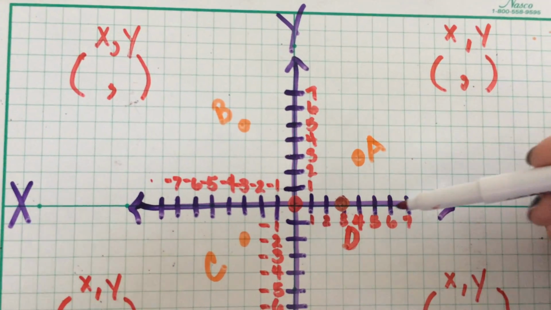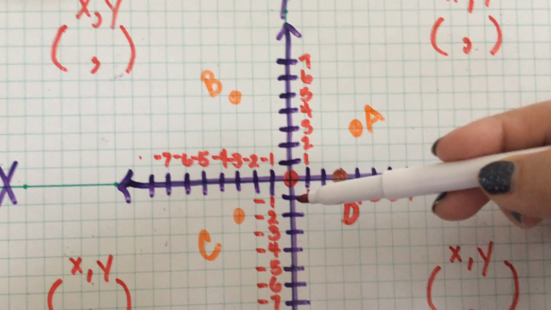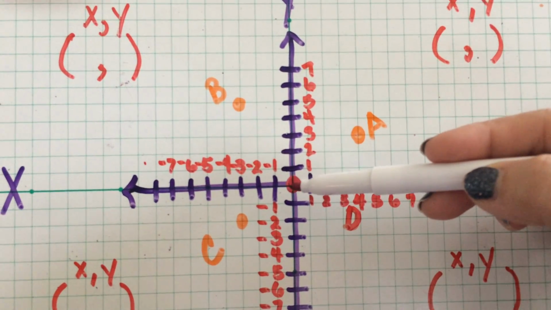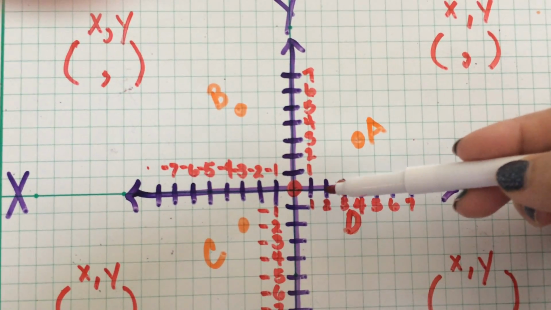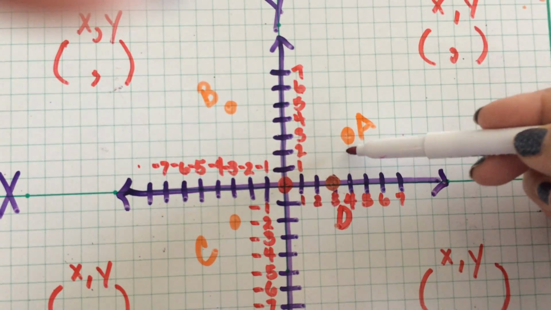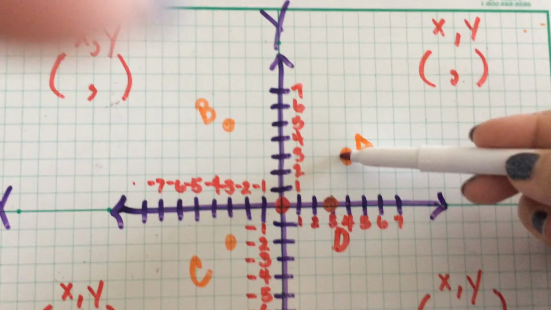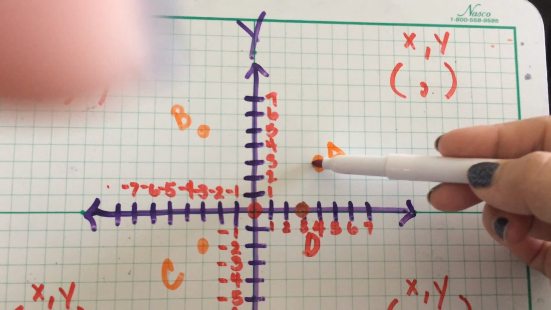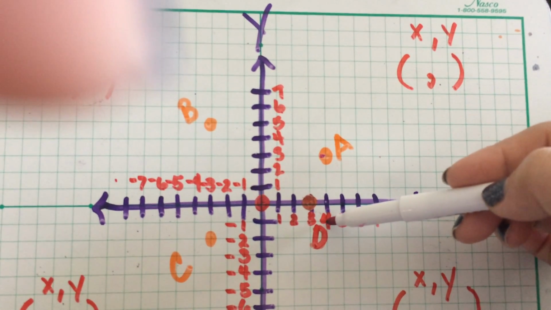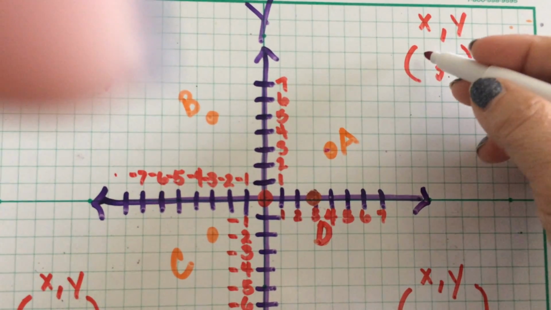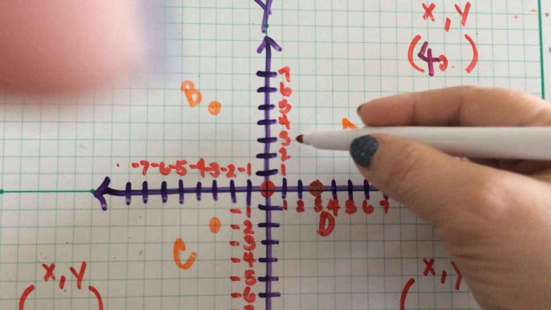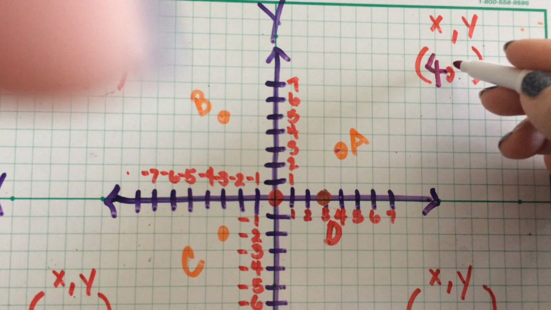We'll go to the X axis and count over until we come to the dot: 1, 2, 3, 4. Then you go up that line to the dot and look at Y, and that is 3. So the X will be 4 and the Y is 3.